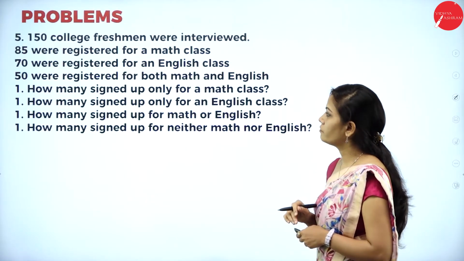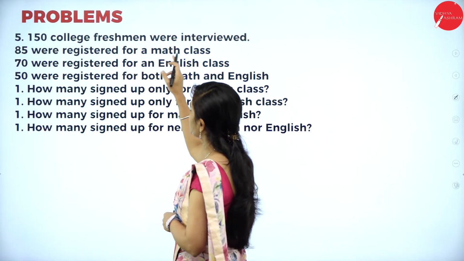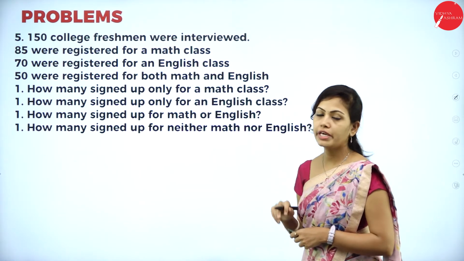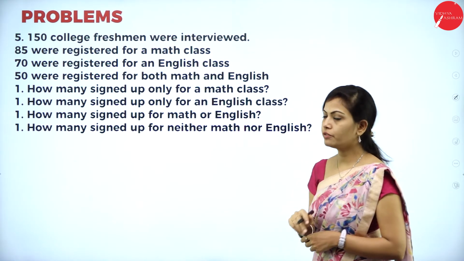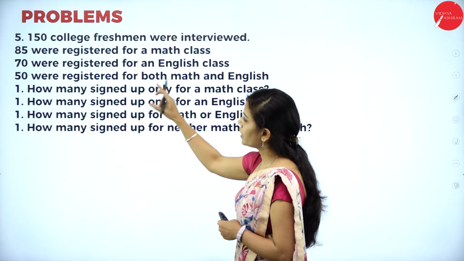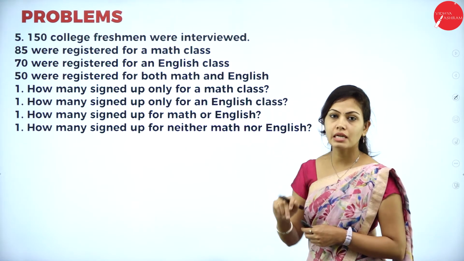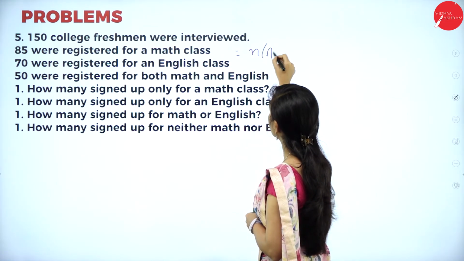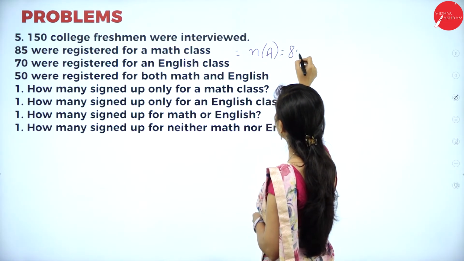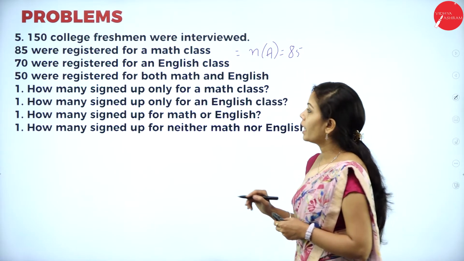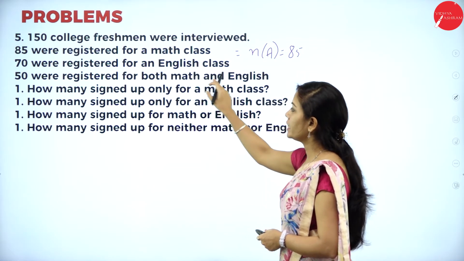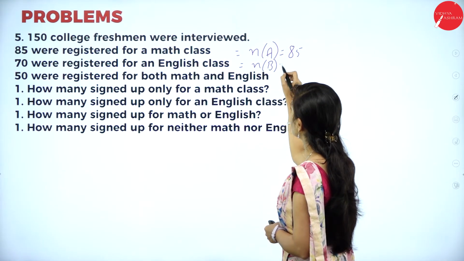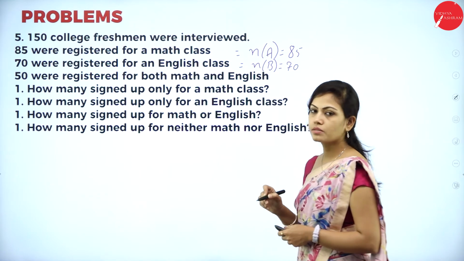And the next question: 150 college freshmen were interviewed, that is, overall 150 college students were interviewed, and 85 were registered for a math class. I will consider n(A) = 85. 70 were registered for an English class, so I will take n(B) = 70 students.